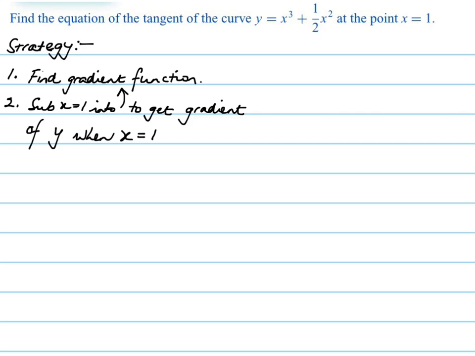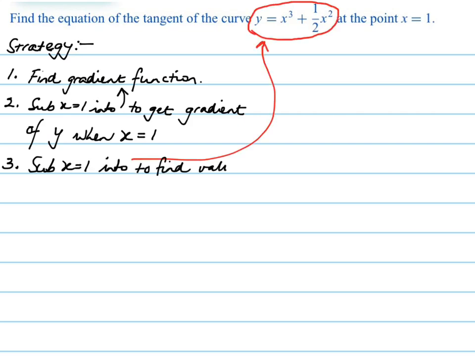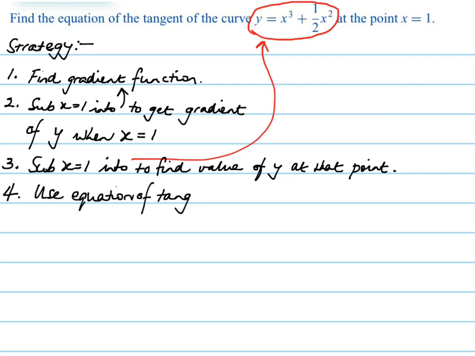The gradient of the curve and the gradient of the tangent are the same at that point, x equals 1. Thirdly, we're then going to substitute x as 1 into that expression for y to get the value of y at that point.